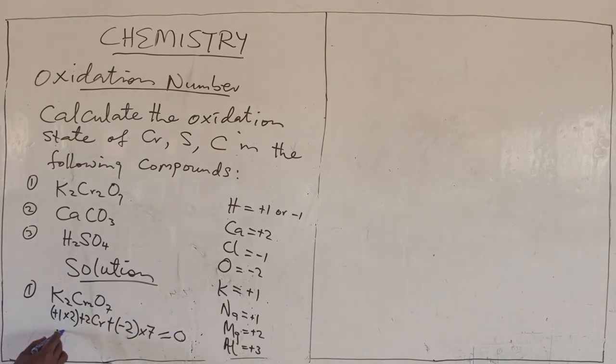You have +2 plus 2Cr plus -2 times 7, -14. Equate it to 0. Now when you get up to this level, take this and this to this other side. Allow only this to remain here. That's collection of like terms.